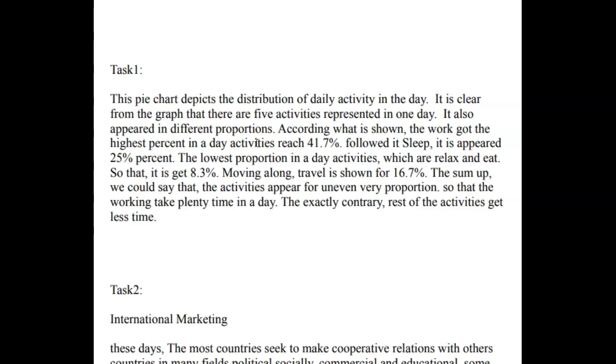The lowest proportion in a day activities, which are relax and eat. So that it is get 8.3%. Moving along, travel is shown for 16.7%. The sum up, we could say that the activities appear for uneven, vary proportion, so that the working take plenty time in a day. The exactly contrary, rest of the activities get less time.